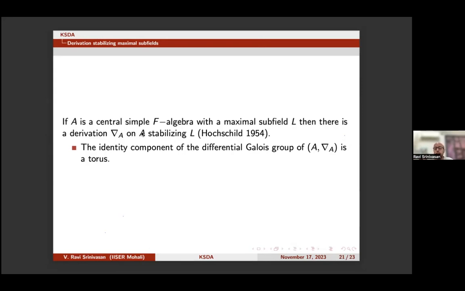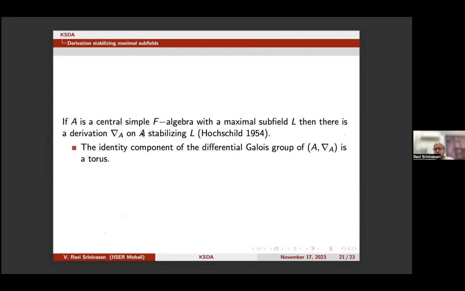So there is going to be this algebra map: L tensor K is going to be n copies of K, and then one observes that A tensor K will have this direct sum. Then any n-dimensional subspace which is just this direct sum can be conjugated to a diagonal matrix.